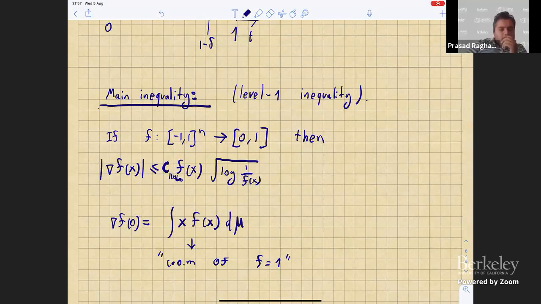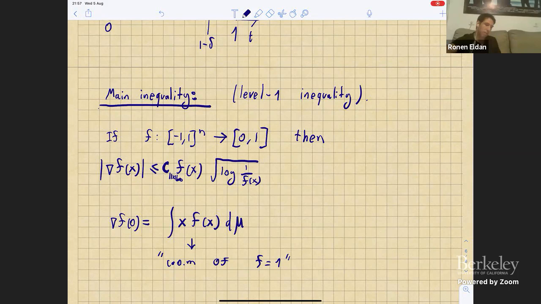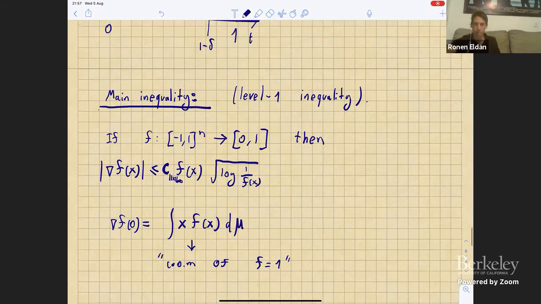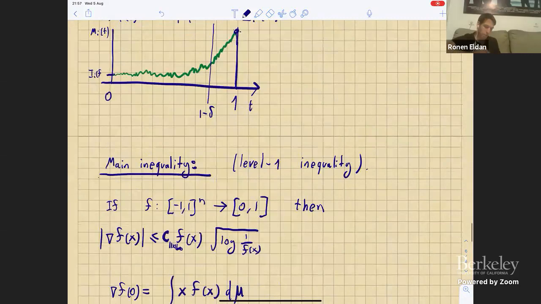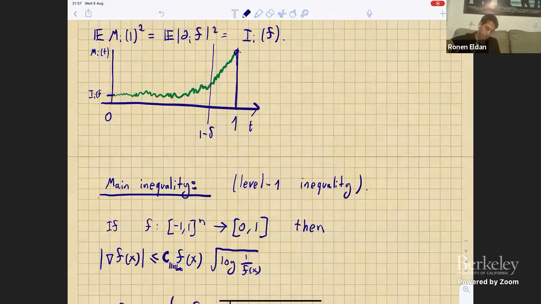It's a very simple inequality. I kind of made a mess explaining it, but the proof is two lines, and this is really what replaces the hypercontractive inequality in our case.